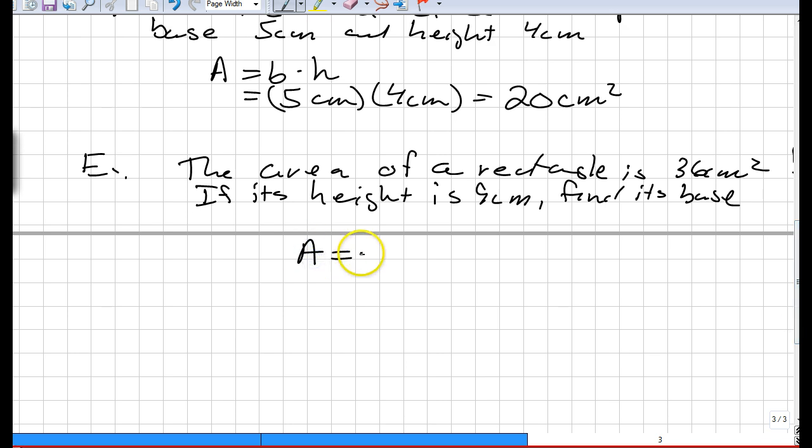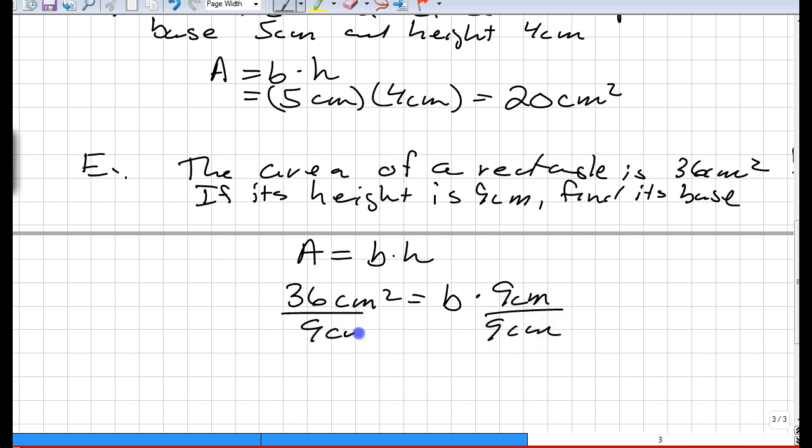So we know the formula is area equals base times height. So we know the area is 36 centimeters squared. We don't know the base, but we know the height is 9 centimeters. And so to solve for b, we divide both sides by 9 centimeters. And so we get 4 centimeters equals b. So we would say that the base is 4 centimeters.